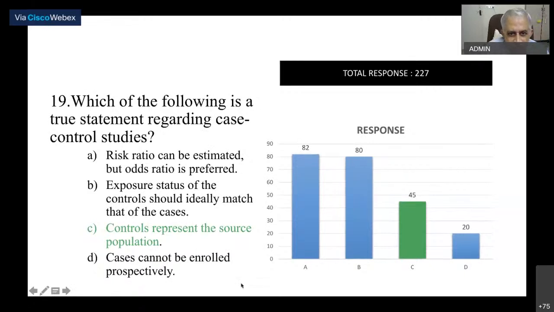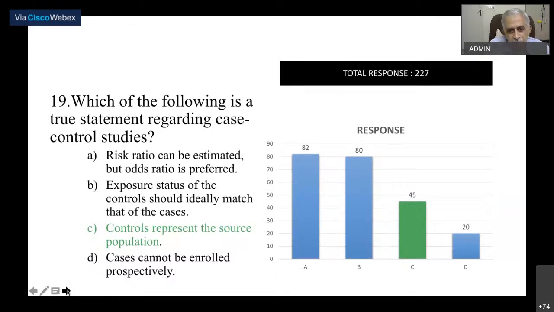Which of the following is a true statement regarding case control studies? Risk ratio can be estimated, but odds ratio is preferred. Exposure status of the controls should ideally be masked. Controls represent the source population. Cases cannot be enrolled prospectively. So all these other statements are not correct. Only the statement that controls come from the same source population is correct.